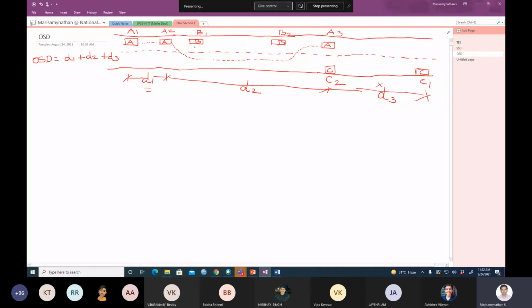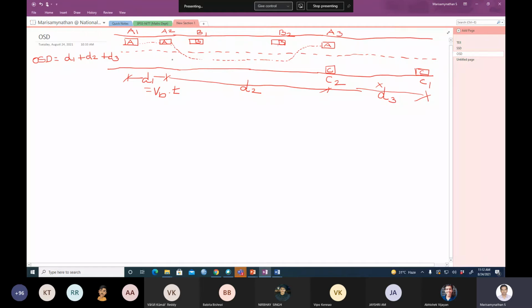Now, this D1 is, as I mentioned, from A1 to A2, where the driver is simply following vehicle B. So the speed of vehicle A is the speed of vehicle B, because you are traveling at the slower speed, following this particular vehicle until reaching this point. This is the direct equation which we all know: VB into t. So the speed of vehicle B into the reaction time until the decision he has taken.